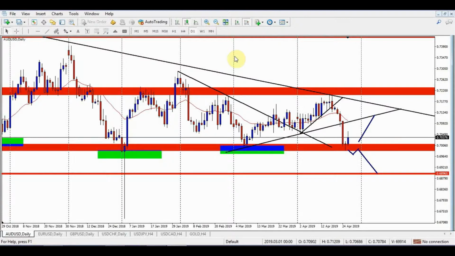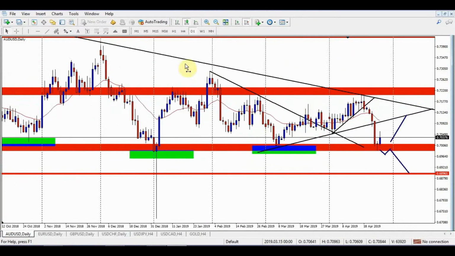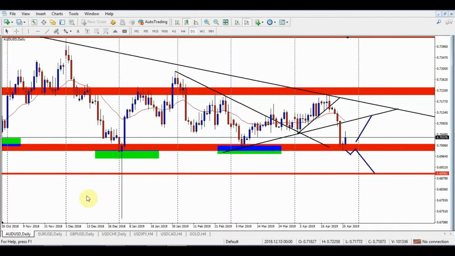Okay, so starting off with AUD USD. As always, my MT4 crashed last week, and I had to do this over again like yesterday. That's why you're seeing the different colors here, apart from the black and yellow colors that I am accustomed to.